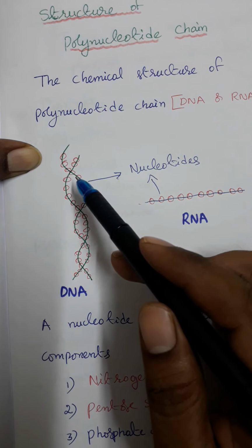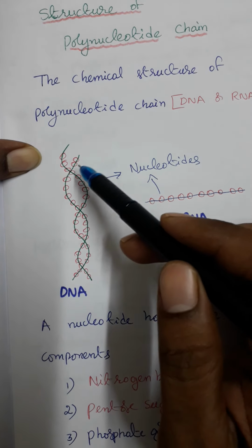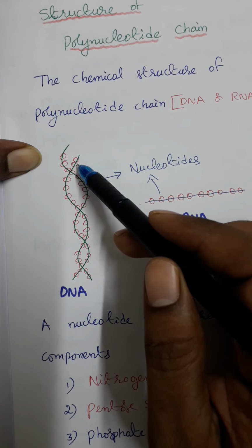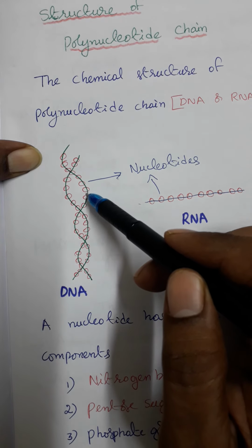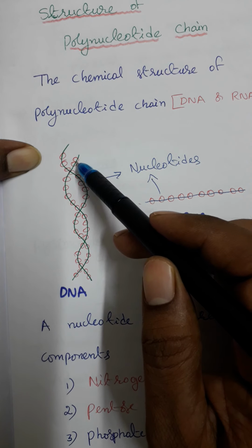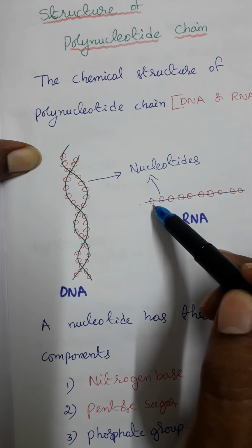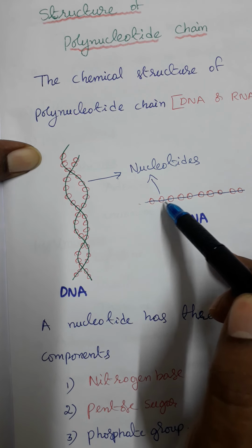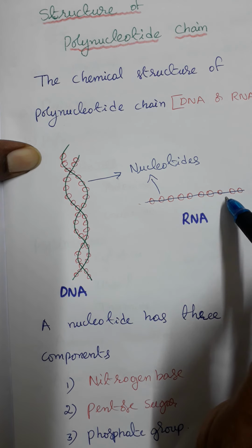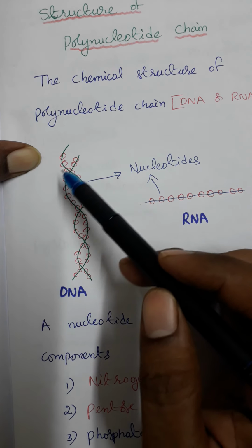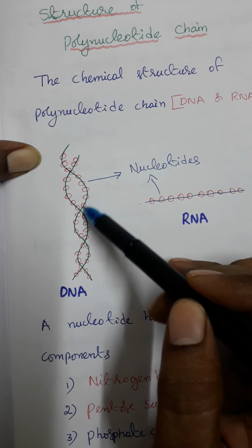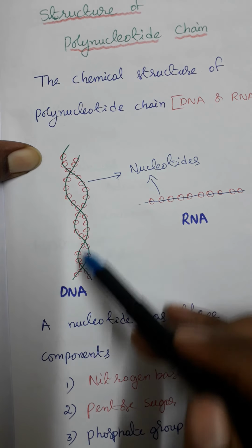Several nucleotides are present in nucleic acids. These red colored spherical structures represent the nucleotides. Look here, this is one nucleotide, second nucleotide, succeeding nucleotides in a ribonucleic acid, whereas in DNA strands, the nucleotides.